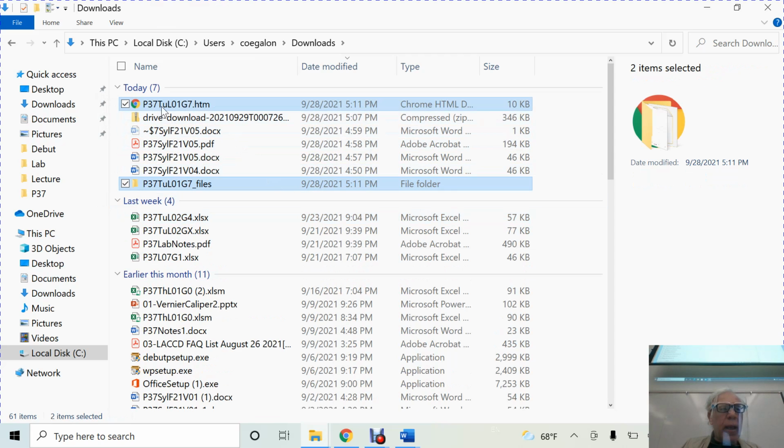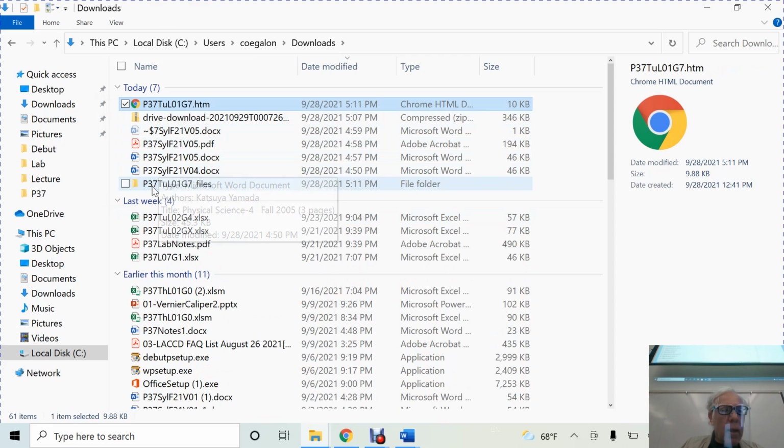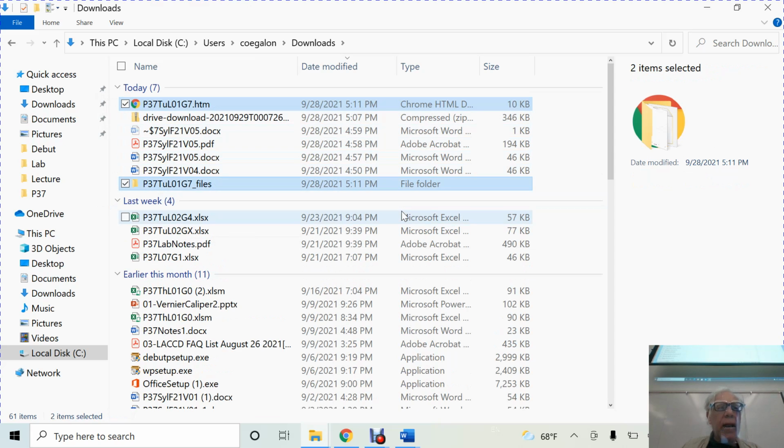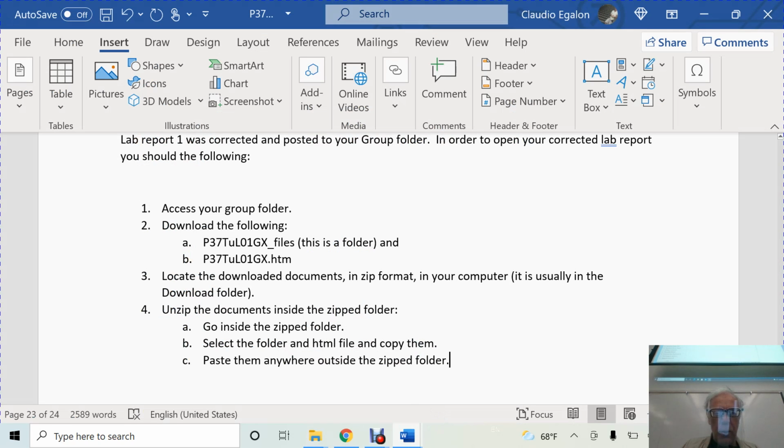Okay, now you have here, see that? The HTML file and its folder. Those two work together. They must be located in the same folder. Okay? I'm gonna write that down. Paste them outside the zip folder. The HTML file and its corresponding folder must be located in the same folder of your computer.